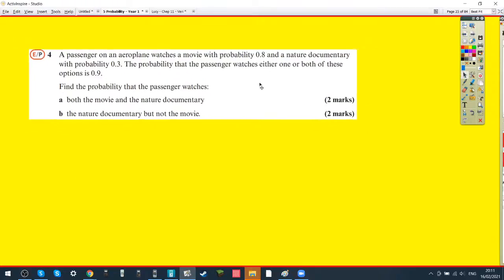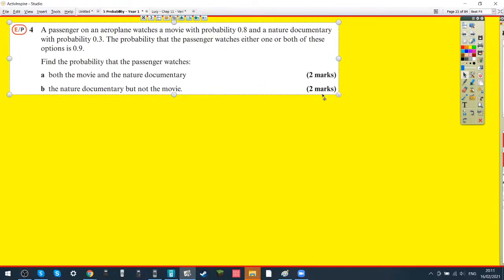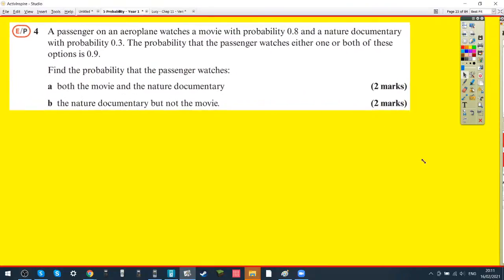A passenger on an airplane watches a movie. Alright, let's try this.